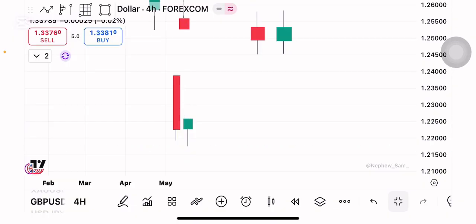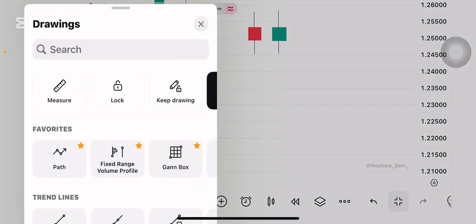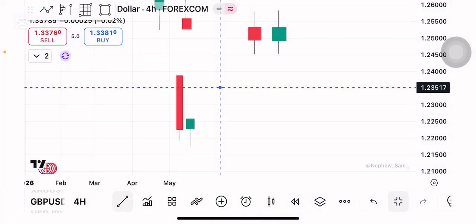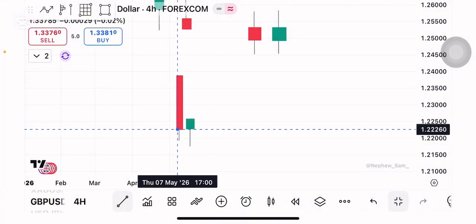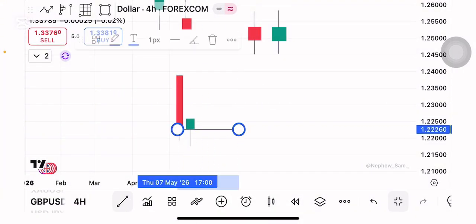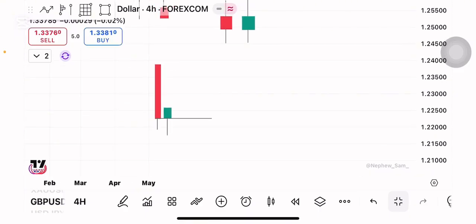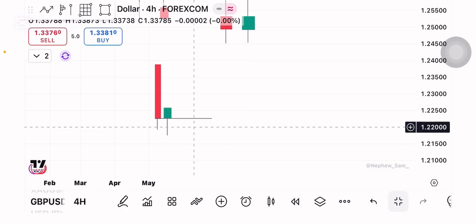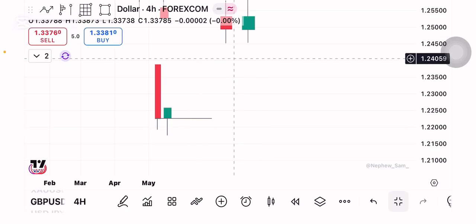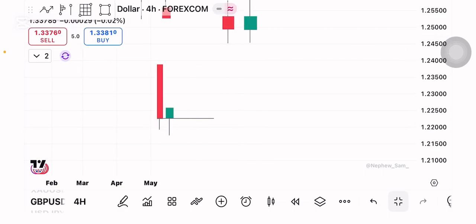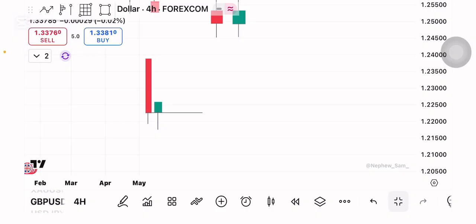What we're trying to say is that in the tweezer candle, your entry will be around somewhere there, because they're on the same line. So that's where your entry will be. If you want to take a trade, you can place your long here, then target the next pool of liquidity. So that's that about a tweezer.